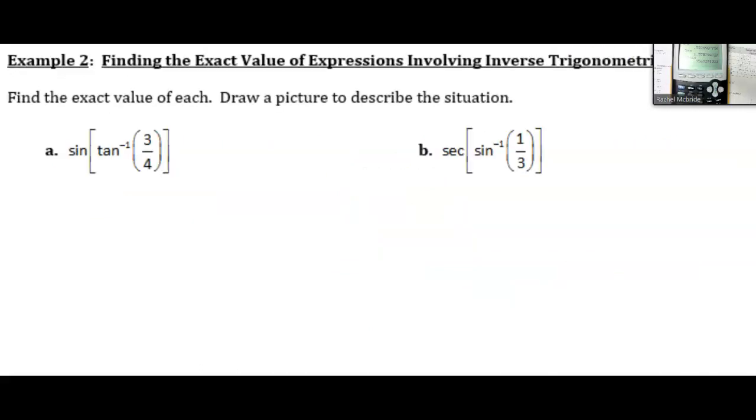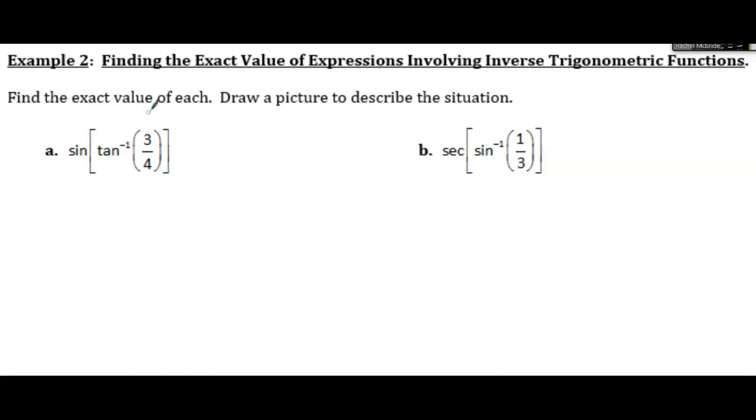And then finding the exact value of the trigonometric inverse. So again, find the exact value, draw a picture to determine the situation. Now you have 2 trig functions at once. You have tan inverse of 3/4, and then you want to find the sine of the tan inverse of 3/4.